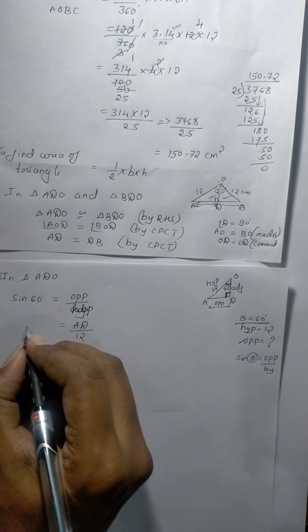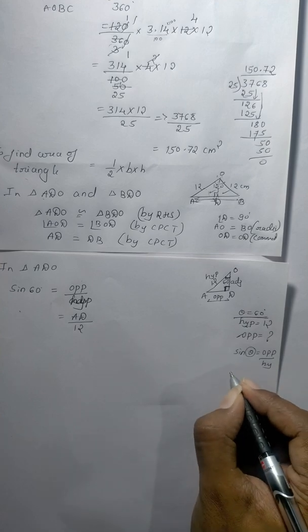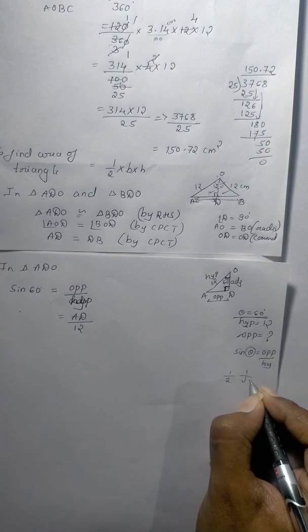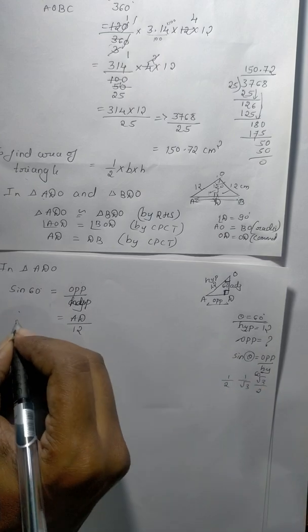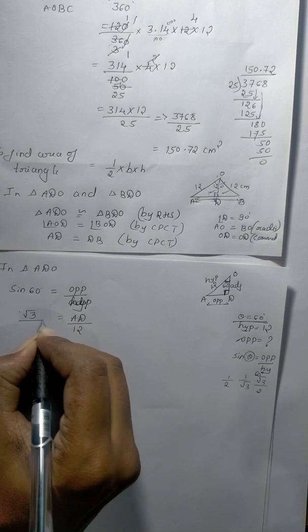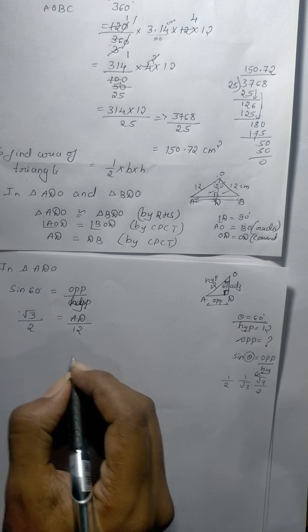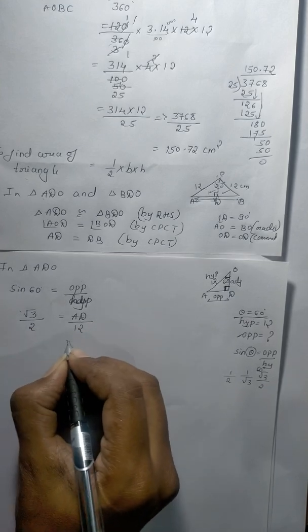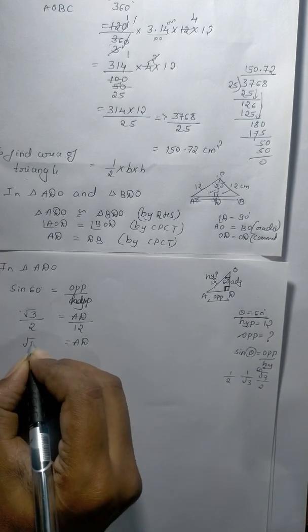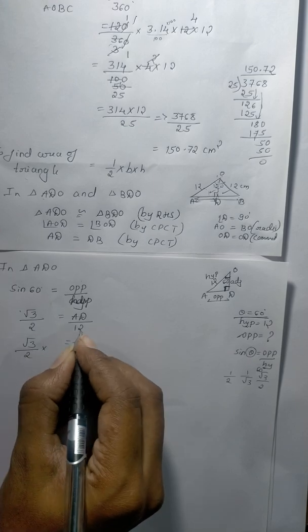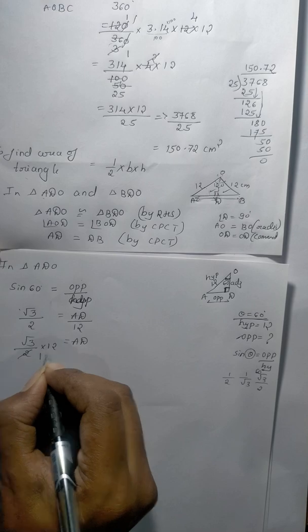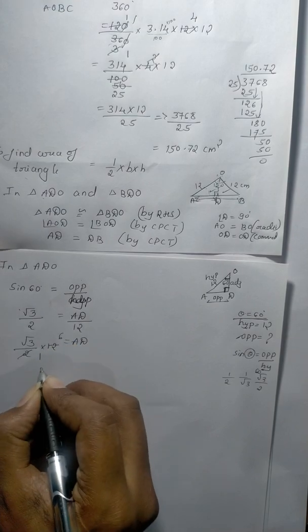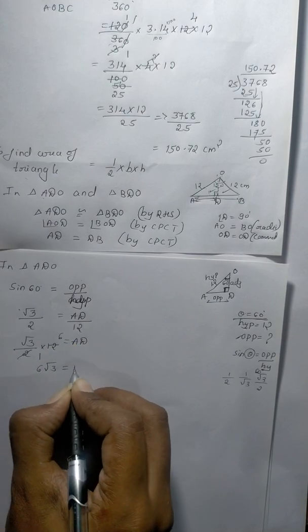The value of sine 60 degrees is root 3 by 2. Now we have to find the AD value. Keep AD here, root 3 into 2. It is divisible, so it comes to this side, and 2 sixes are 12, so we got 6 root 3 as the AD value.